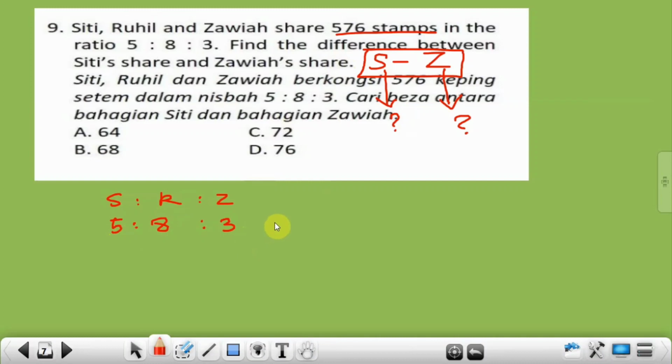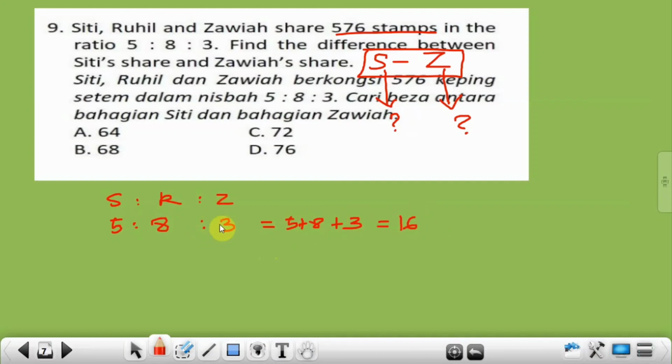This is the ratio. And if you sum up the ratio, 5 plus 8 plus 3, it becomes 16. Okay, so the ratio of the total number of stamps is 16.